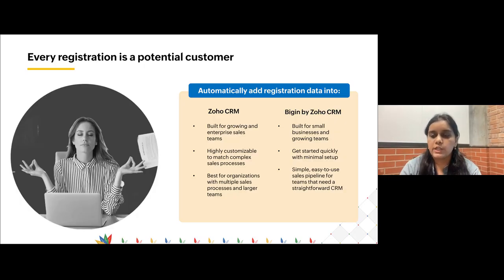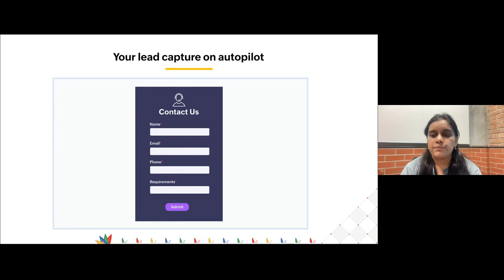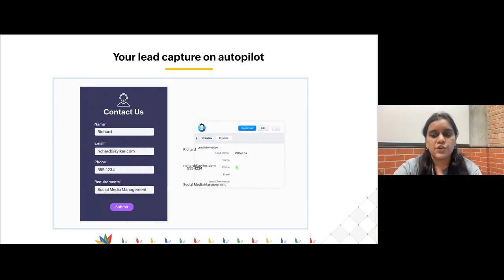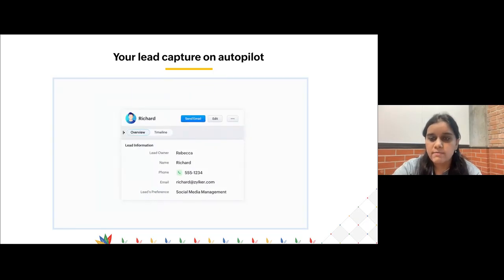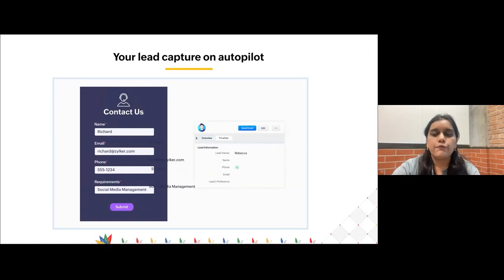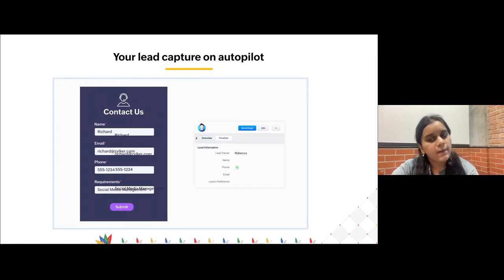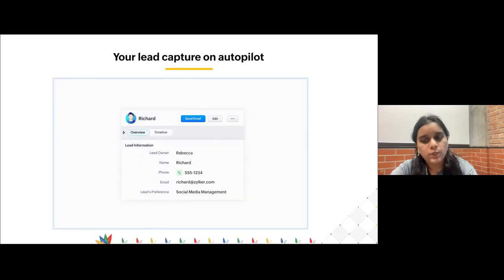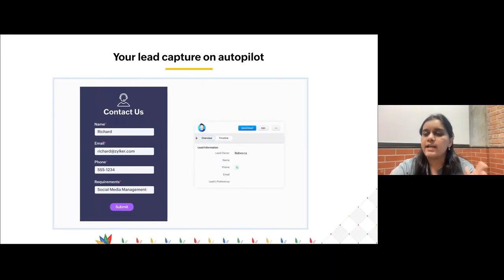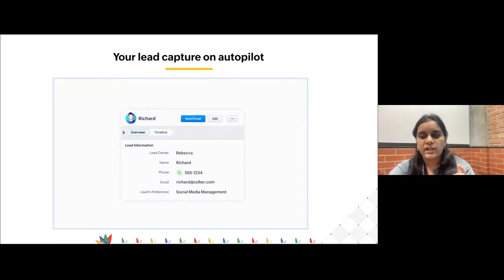So the moment Richard submits his registration, that information moves directly into your CRM as a new lead record, fully populated. And this automation matters more than it might seem, because the window between somebody expressing their interest and your team reaching out is very short.